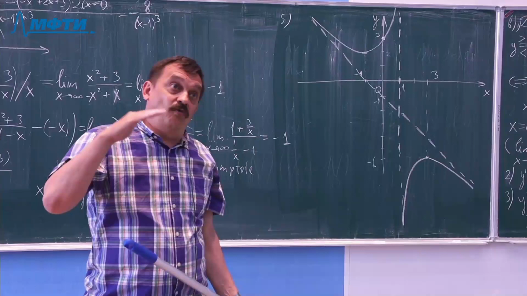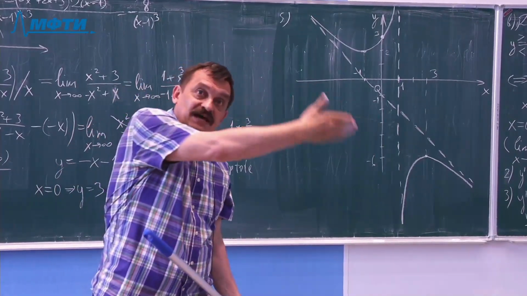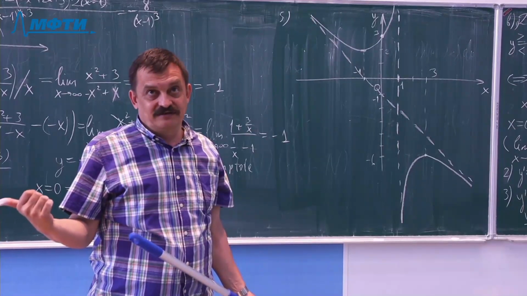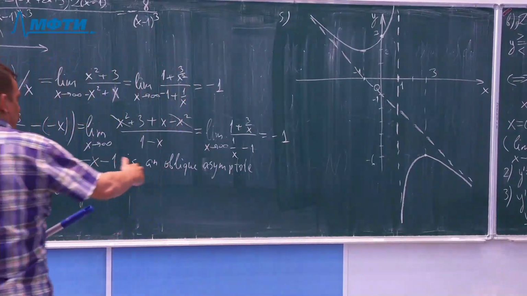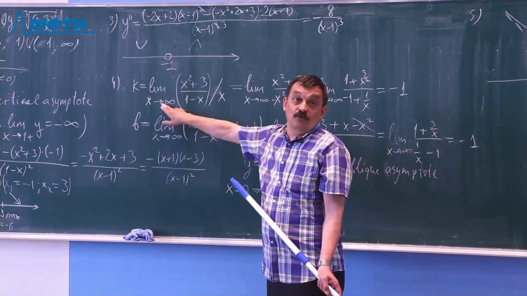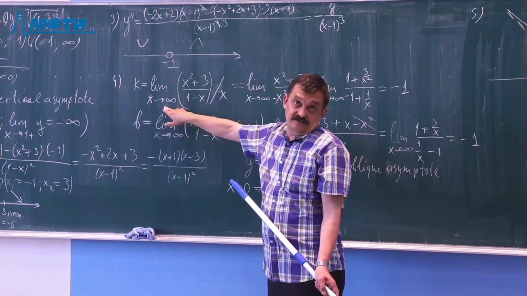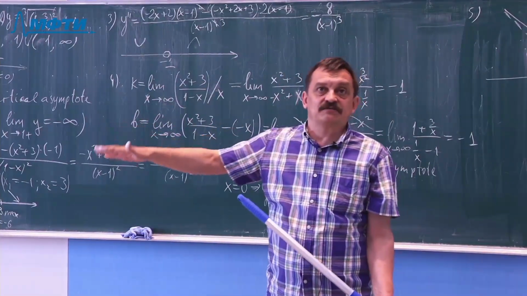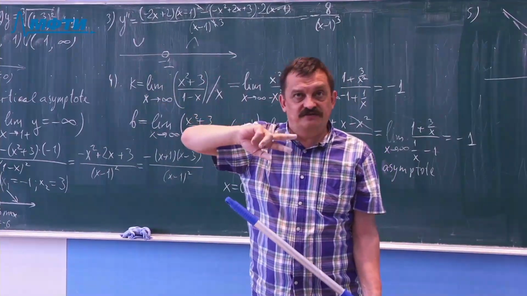I mean, one as x tends to plus infinity, the other as x tends to minus infinity, right? But here we have the same infinity. In fact, I said from the beginning that here both plus and minus, right? So it means we have one oblique asymptote for both plus and minus infinity.